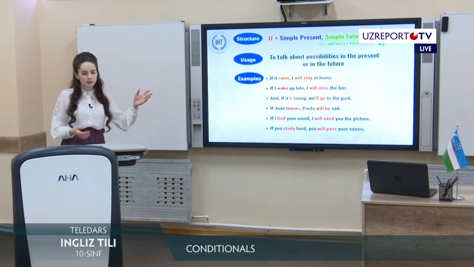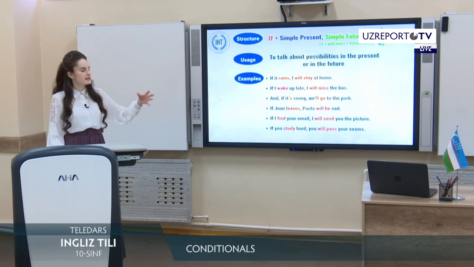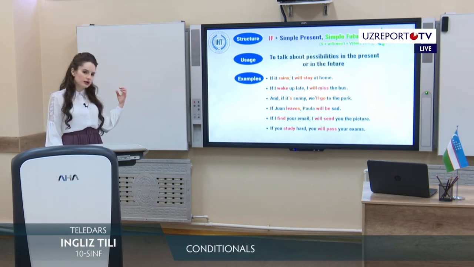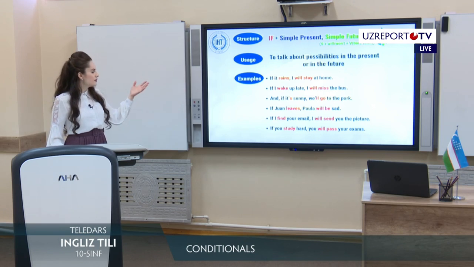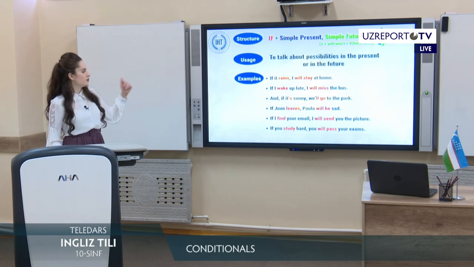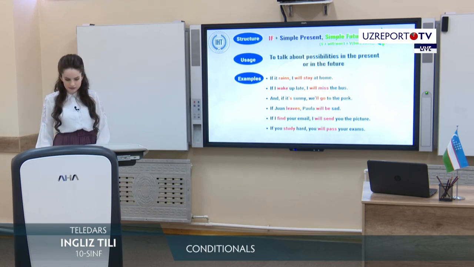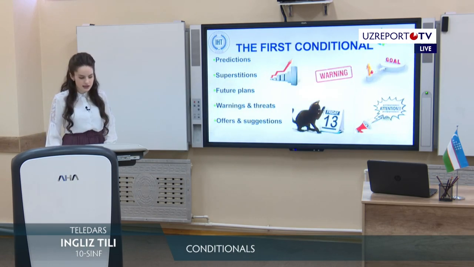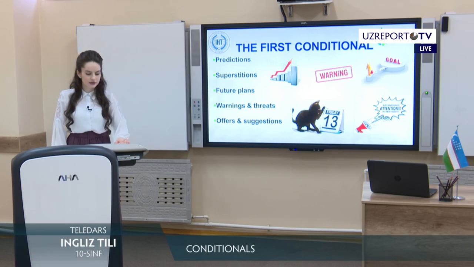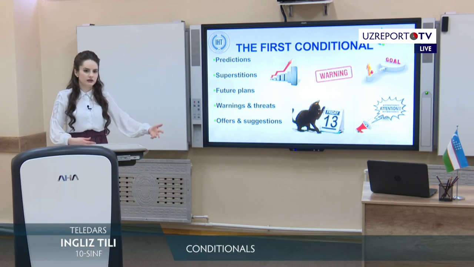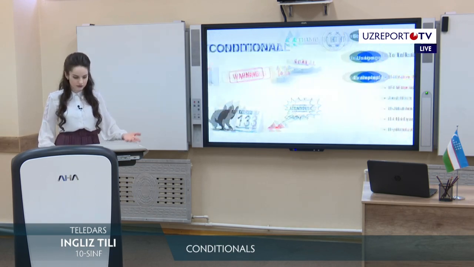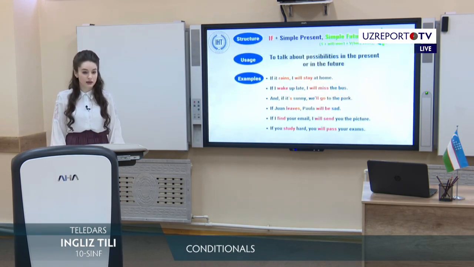I would like to draw your attention to this sentence, and let's relate some sentences to our cases. If you think about this sentence, if I wake up late, I will miss the bus, and let's come back to our previous slide, you will see that these are predictions. We predict that if something happens, for example, if I wake up late, I will miss the bus.